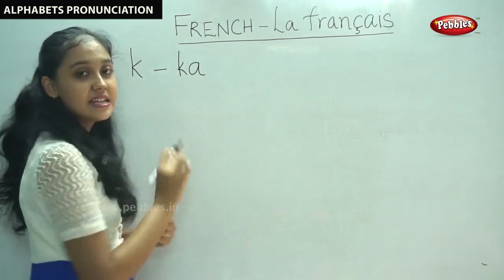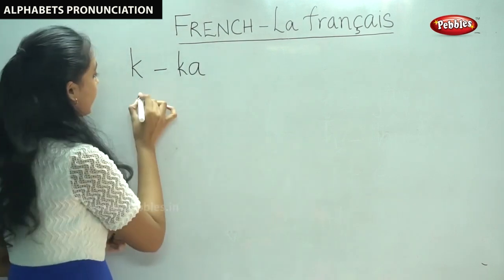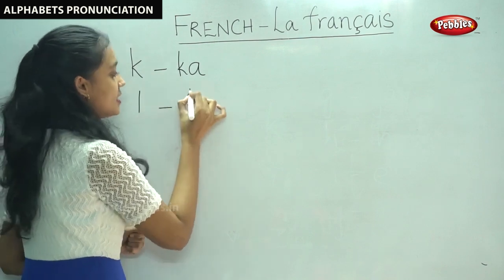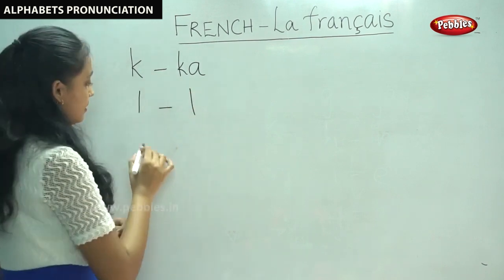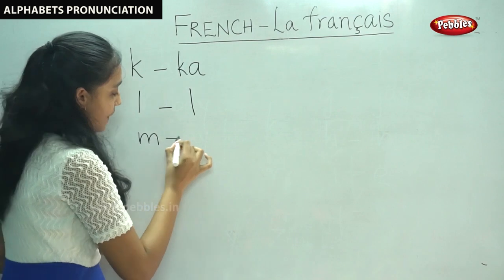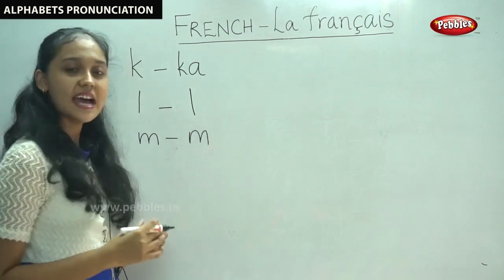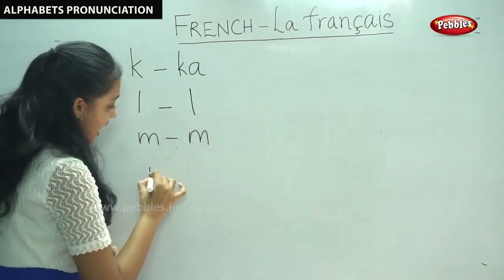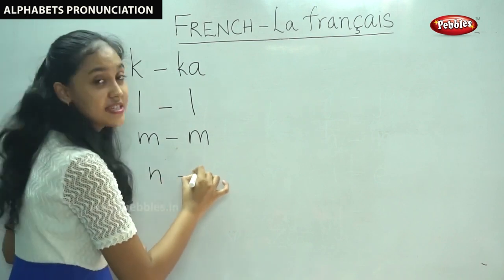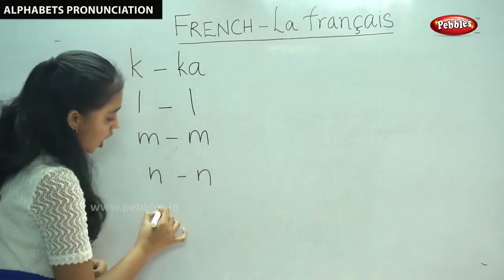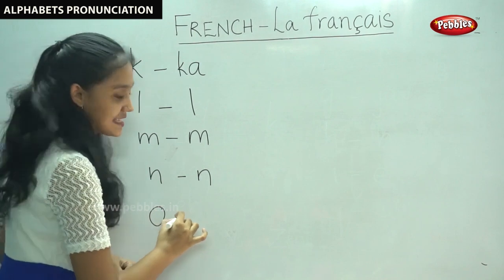K is pronounced as K. L is pronounced as L. M is pronounced as M. N is pronounced as N. O also remains the same.